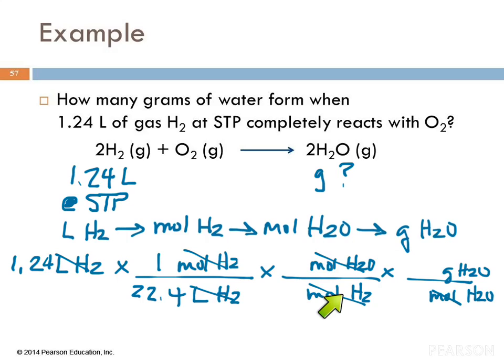The middle part comes from the equation. 2 moles of hydrogen get us 2 moles of water.